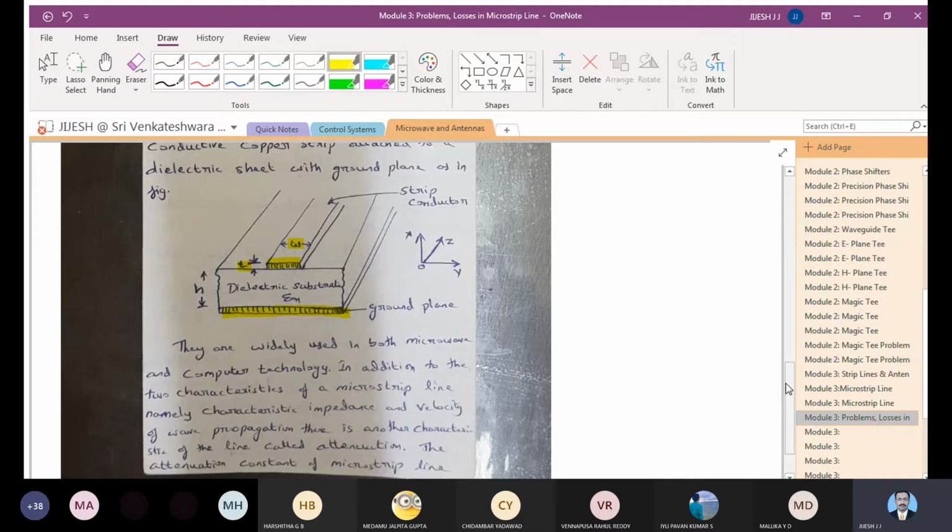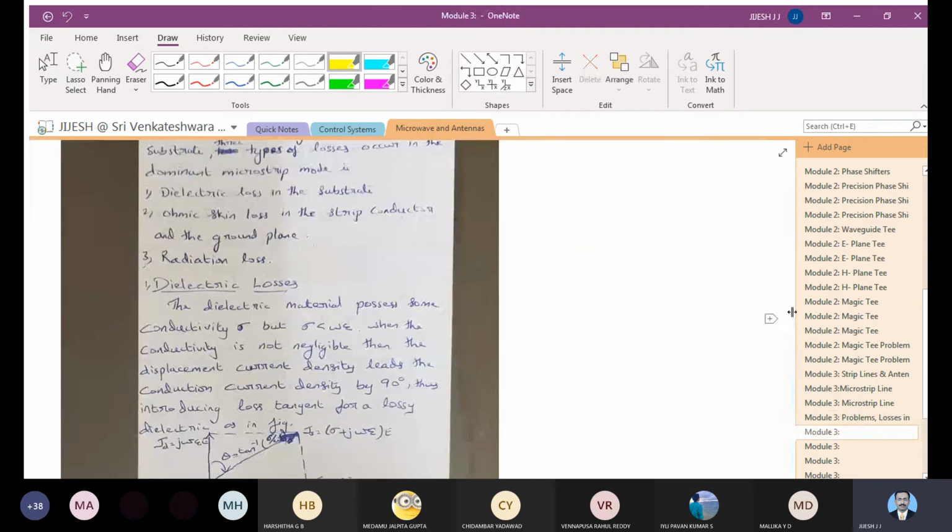When a signal is transmitted through any conductor, you will have some losses and attenuation will also take place. So we are going to calculate all these parameters and find out the process of attenuation as well as the losses which occur in the microstrip line. We will continue this here.